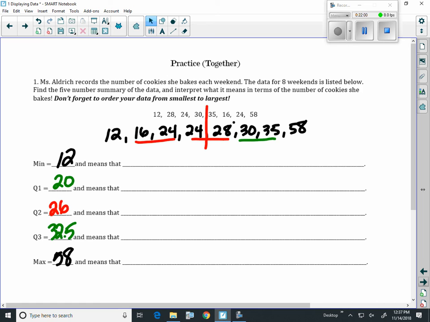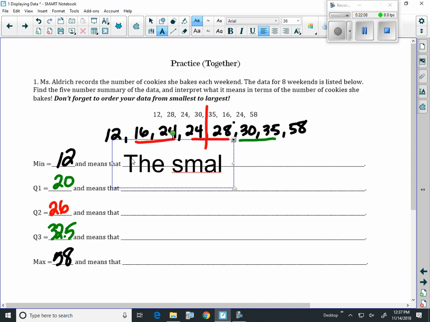So what does 12 mean in context of the problem? This is the least amount of cookies she made, the smallest amount she baked in 1 weekend. Write that in the comments.